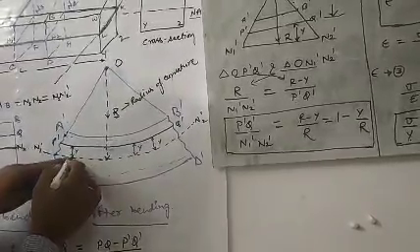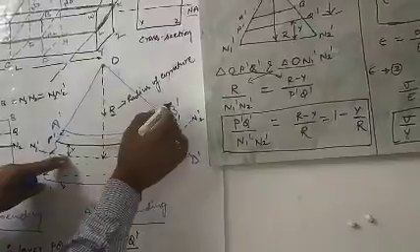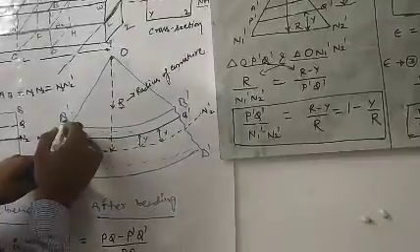The maximum value of Y is at A'B', that is the top layer of the beam. Y is maximum at A'B'.